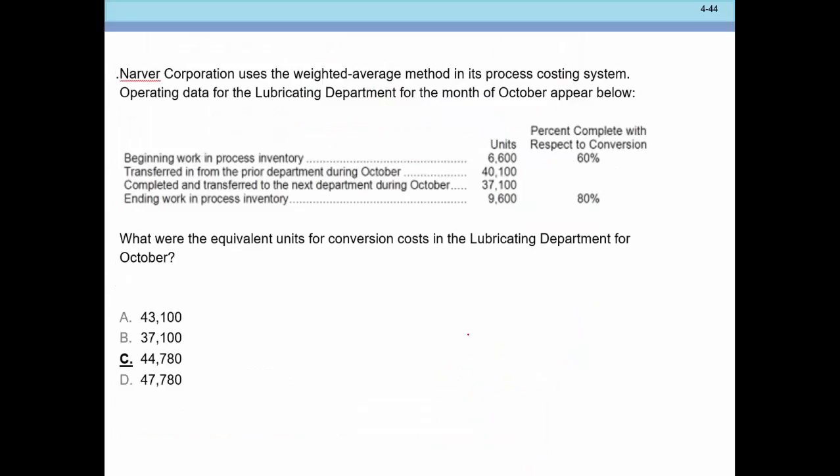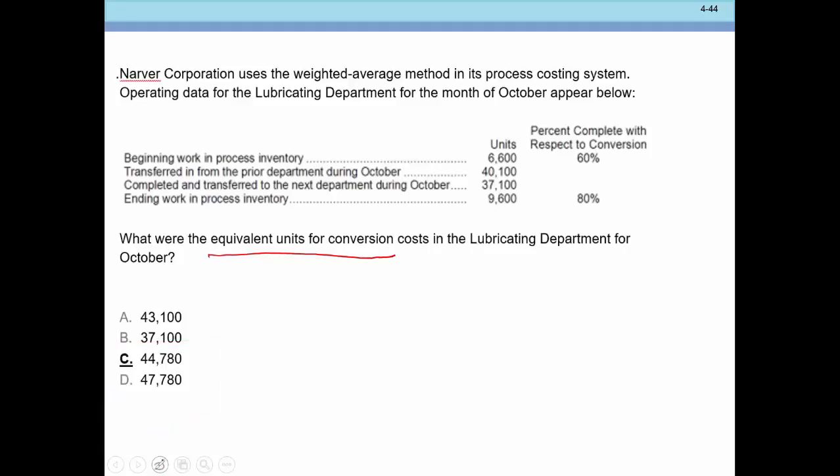All right, let's try this one now. Here they tell me that we have this number of units, and they want to know what is the equivalent units for my conversion cost. Do you see a number here that you want to pick up right away?